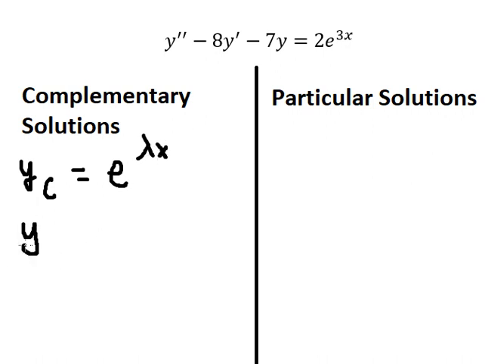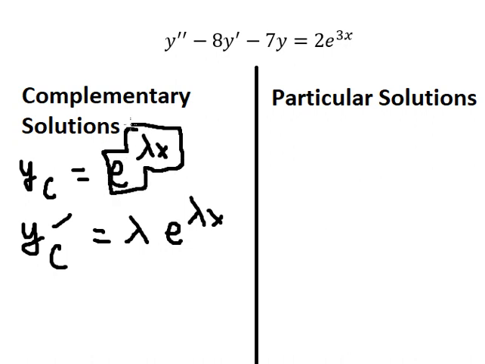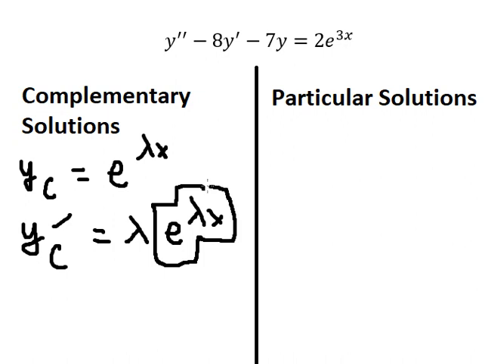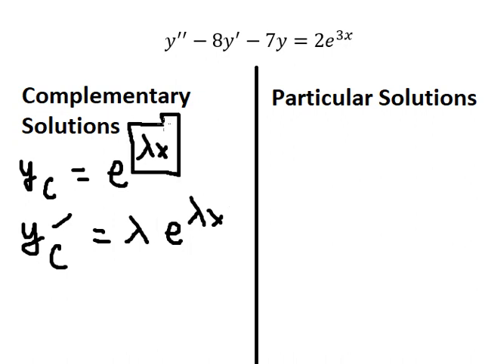Later, we need to do the first derivative of yc, and we have lambda e to the power of lambda s. If we do the first derivative of this one, we keep the same e to the power of lambda s. Later, we need to do the first derivative of lambda s, and you get lambda.